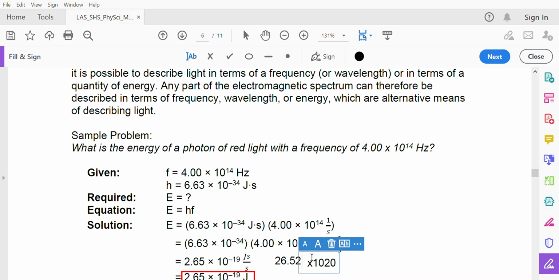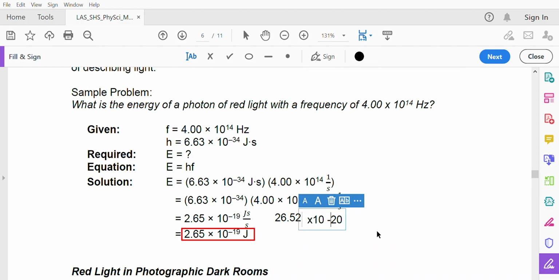Sorry, I cannot write it as a small number on top, but it is times 10 to the 20. The 20 has a sign, positive or negative. It is negative, because minus 34 plus 14 is minus 20.